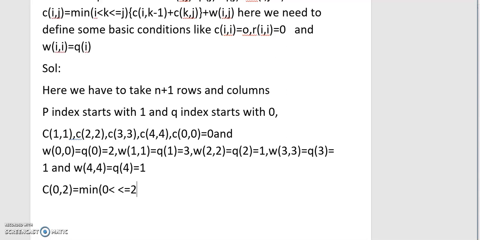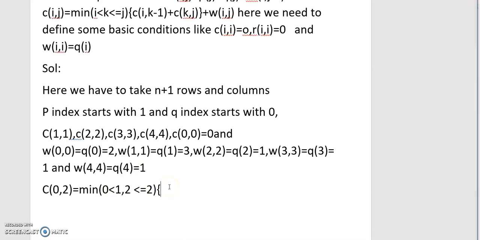So you will get values in between 0 and 2, and it should be less than 2 and equal to 2. So you will get 1 or 2. 1 is less than 2, 2 is equal to 2. So you will get 2 k values here. This is the main difference here.